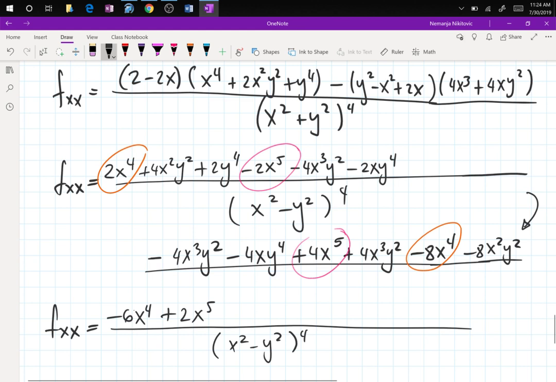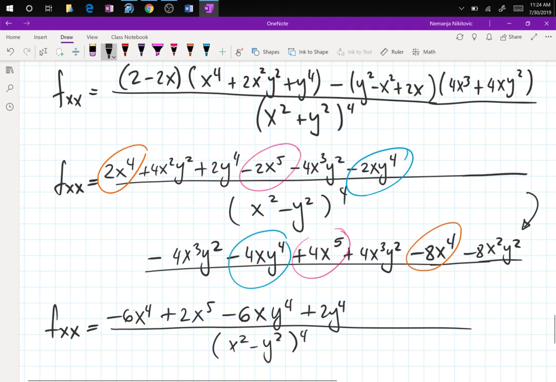And now they pretty much all pair up. I have this one and this one. Minus 6xy to the 4th. 2y to the 4th doesn't have anything going with it, so we'll just leave that one there.